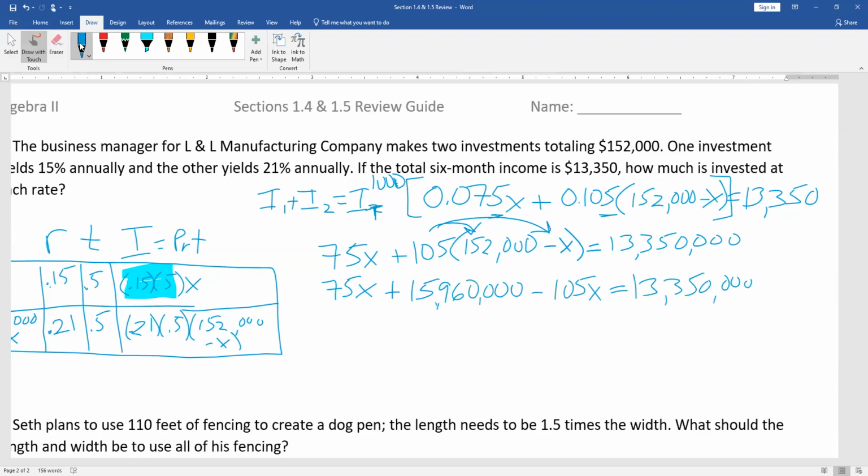All right, so at this point, you are going to combine like terms. So we have a 75X and we have minus 105X. So we're going to combine those. And to save my space, I'm also going to subtract the 15,960,000 from the 13,350,000. So I'm going to do both of these at one time.